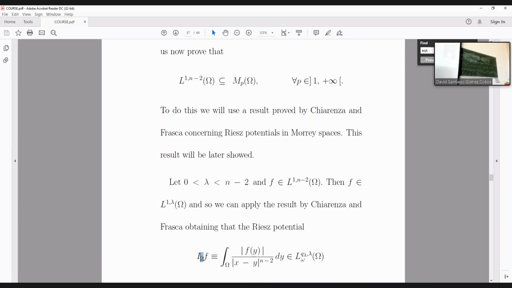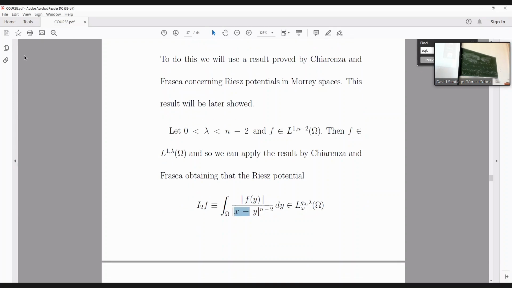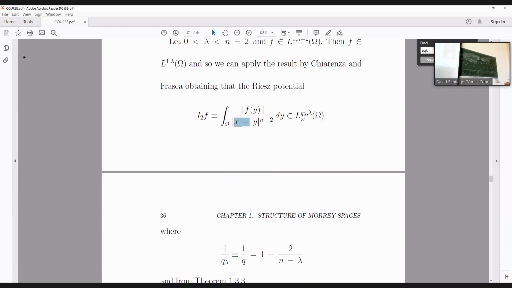Then I_2 f is the integral in the set omega of f(y) over |x minus y| with exponent n minus 2. So we have this relation, where q_lambda is the exponent such that 1 over q_lambda, or equivalently 1 over q, is 1 minus 2 over n minus lambda, because we recall a theorem.